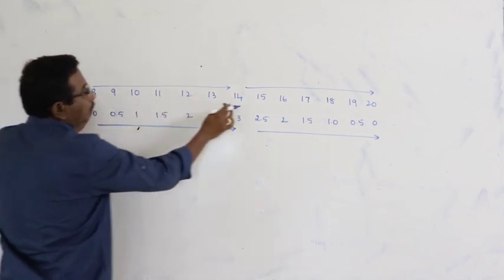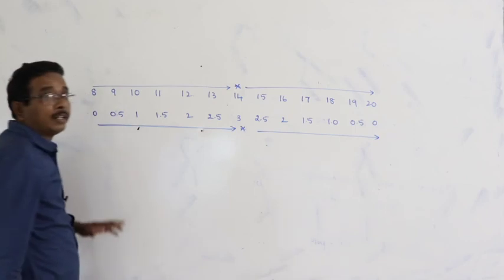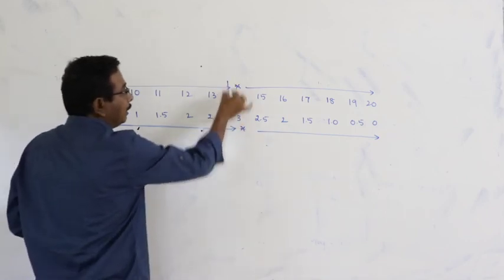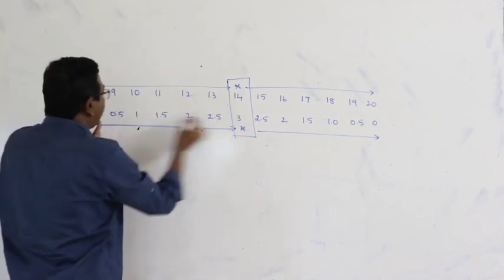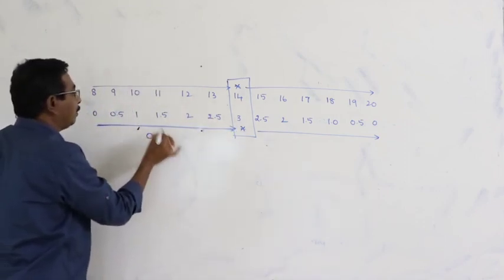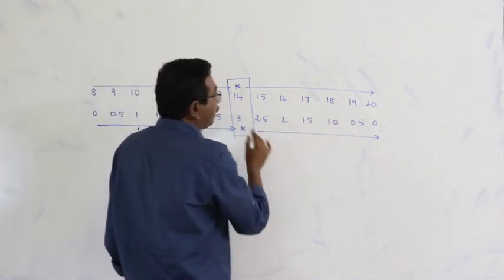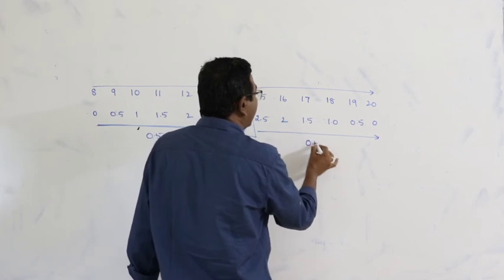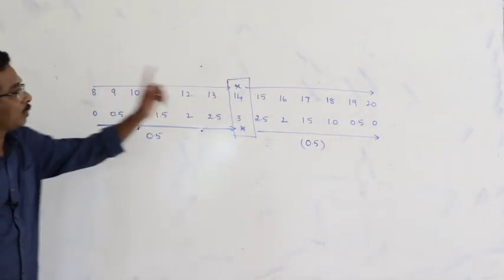From 8 to 14, this is the landmark. What is the landmark? Bond order 3 at 14. From 8 to 14, the bond order gradually increases with 0.5 variation. From 14 to 20, the bond order once again varies by 0.5 and decreases to 0.